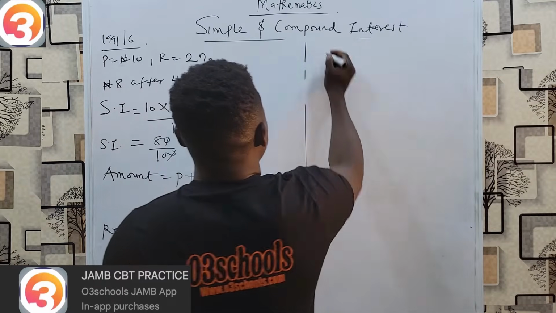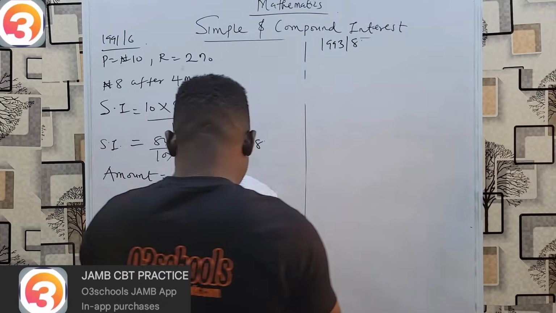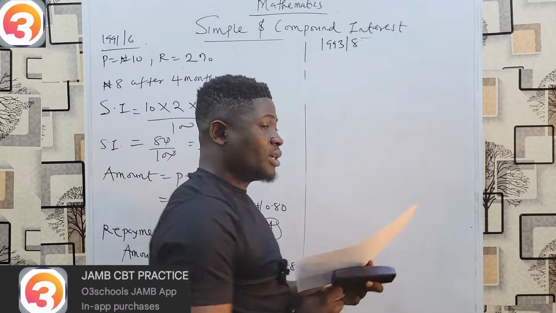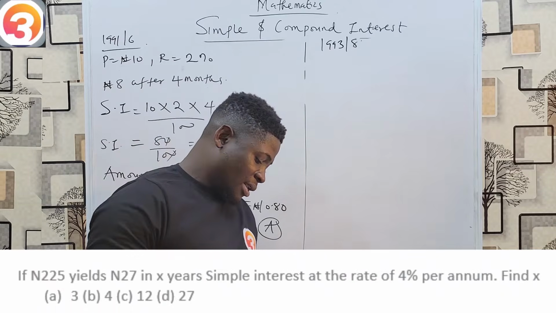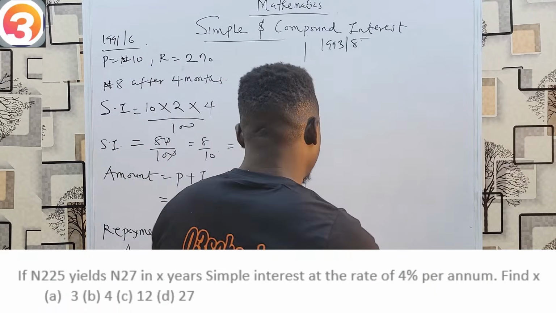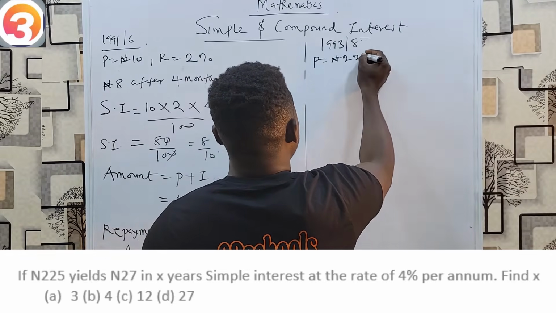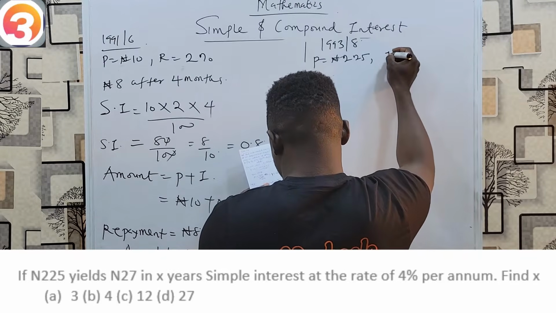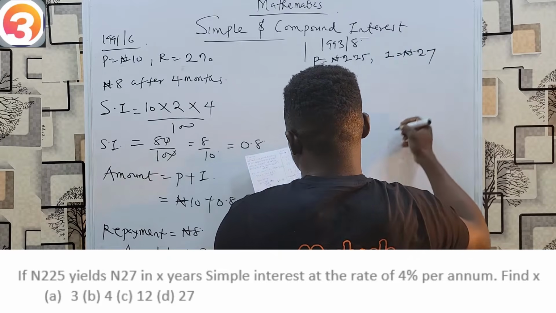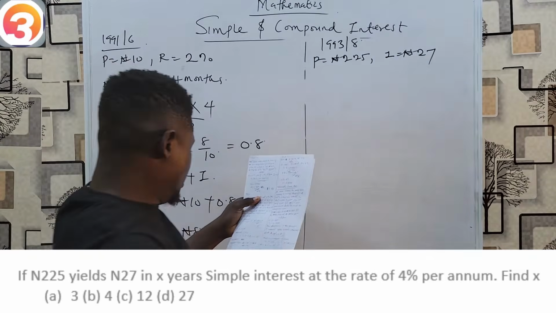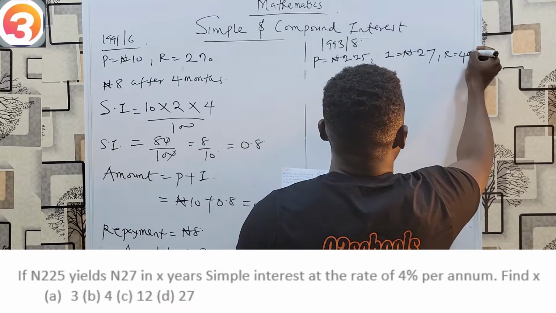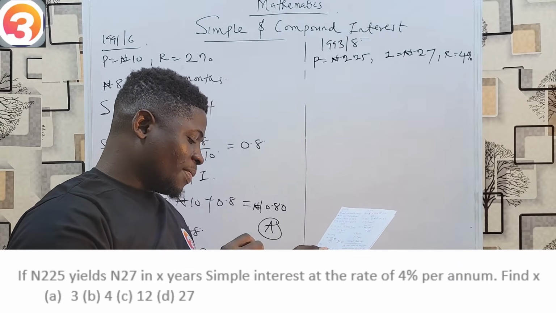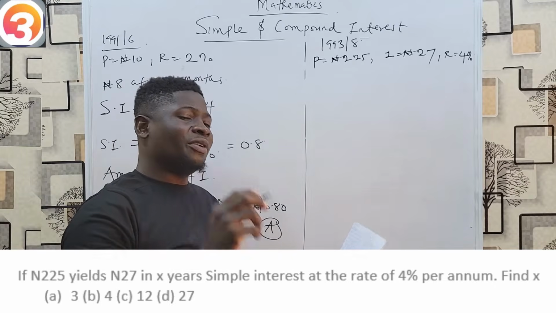They said if 225 naira yields 27 naira in X years, at a rate of 4% per annum, find X. So we're given principal here, 225 naira. We're given interest of 27 naira, right? Then we're given rate as 4%.